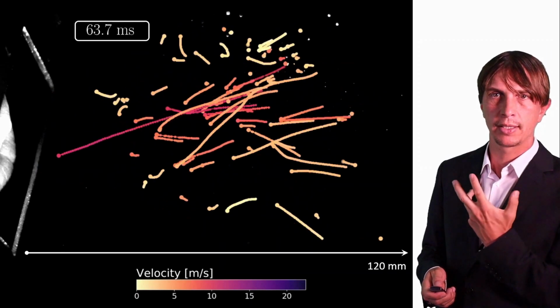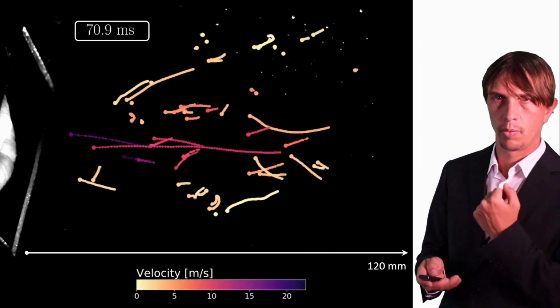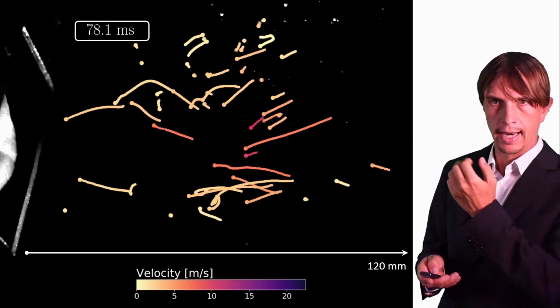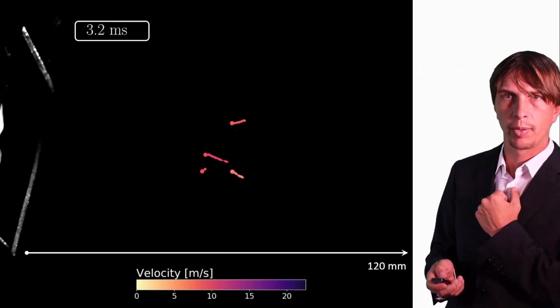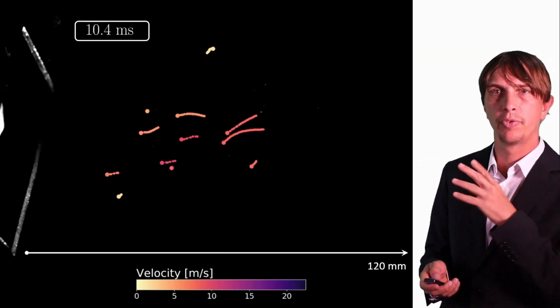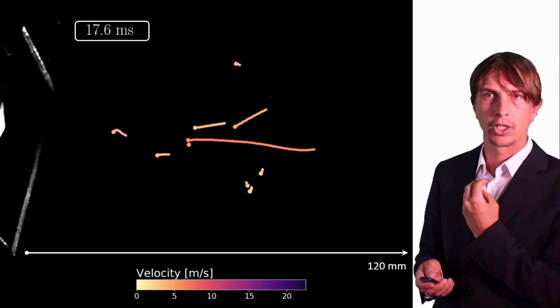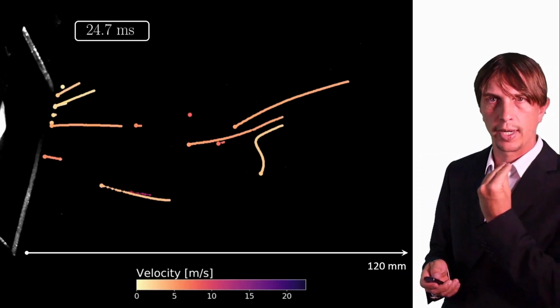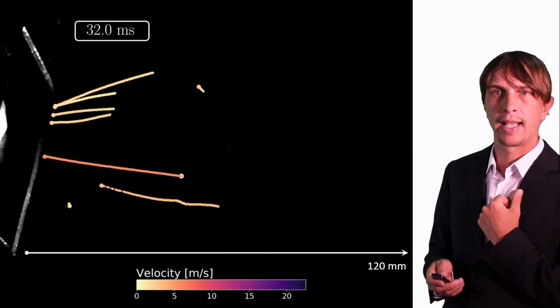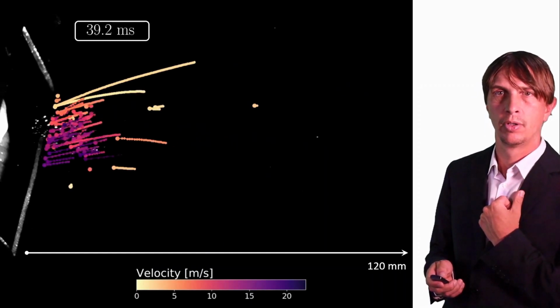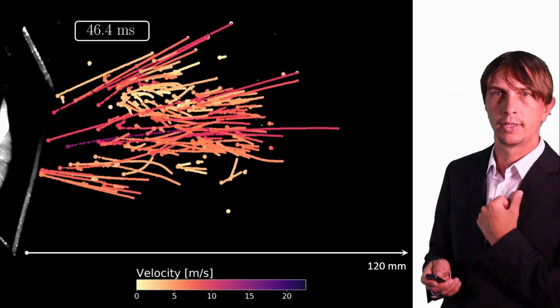The fast particles are going around a single line, while other particles that slow down are moving in different directions. This is not a straight line displacement of the particle with different speed.